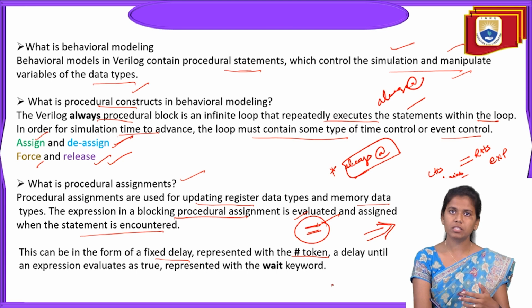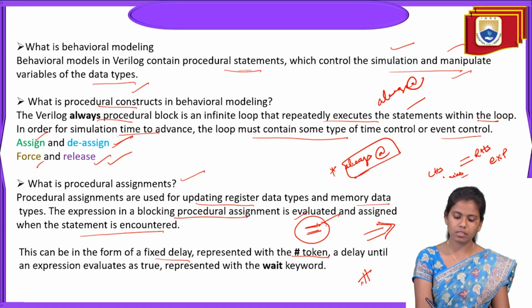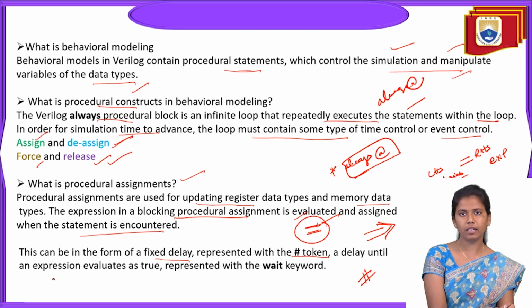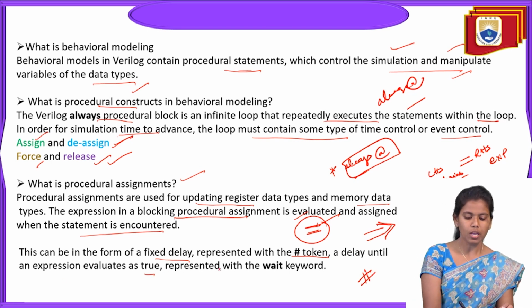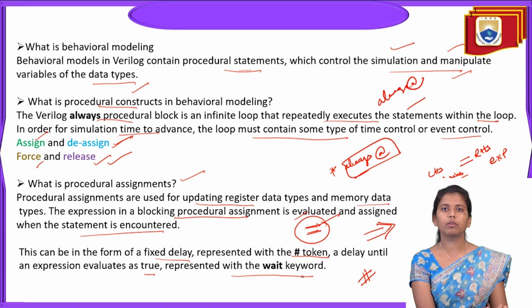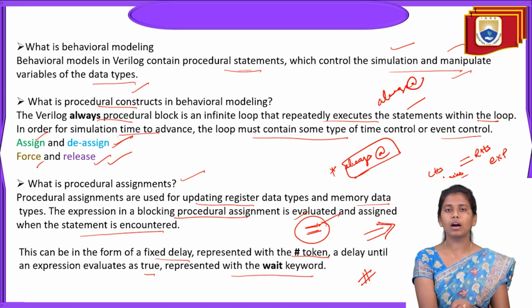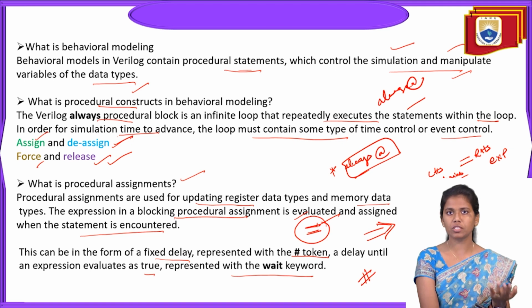As we have discussed a few lexical tokens, the representation of delay is observed as hash, and a delay until an expression evaluates true is represented with the wait keyword. So now our task is just to see whether the expressions are true or false. In order to know whether the expression is true or false, we have to wait.